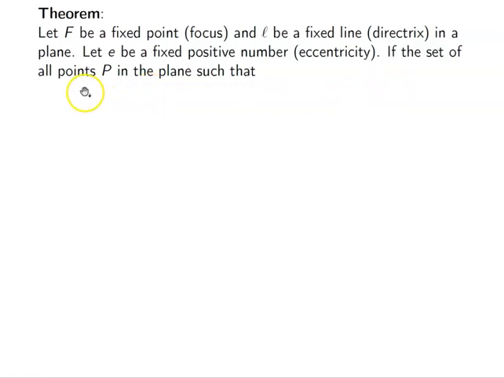If the set of all points P that lie in that plane is such that the distance from that point P to the focus divided by the distance from that point P to the directrix is equal to this value E. Okay, so that means the ratio of the distance from the point to the focus over the distance from the point to the directrix always has the same value, right?